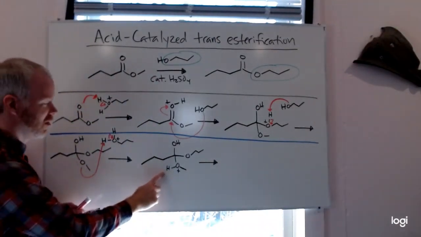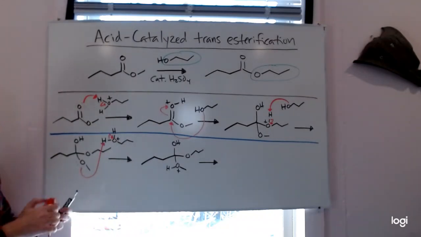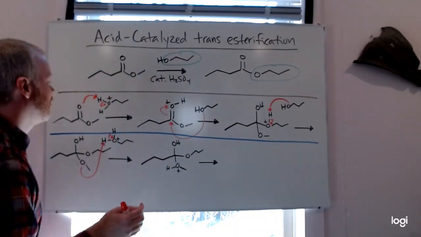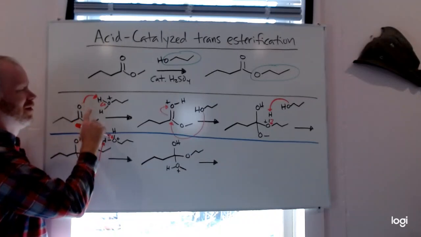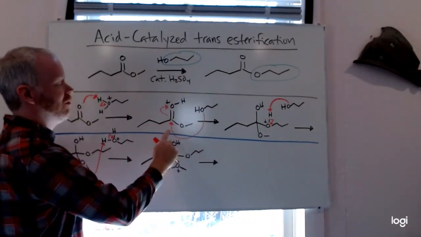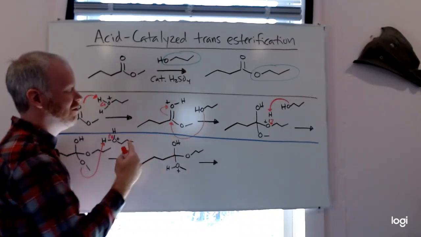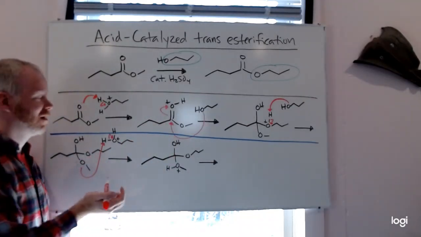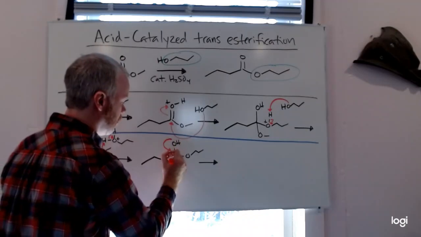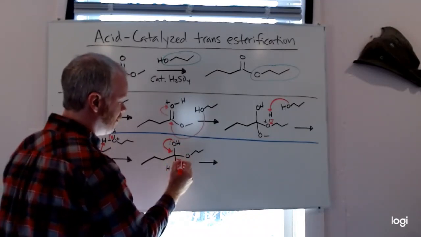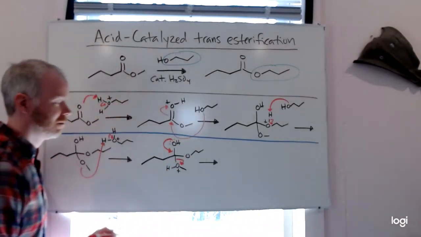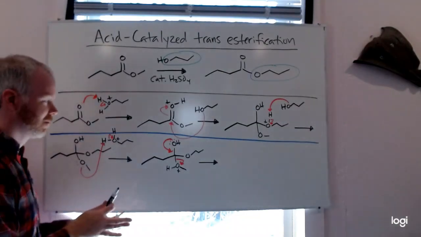Right, now that could come off as a leaving group. So how are we going to accomplish that? Right, so our first step, nucleophilic addition, right? Then usually what happens is you reform the carbonyl and kick off the leaving group. All right, so let's do that.